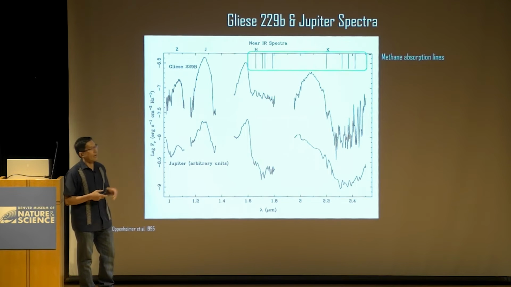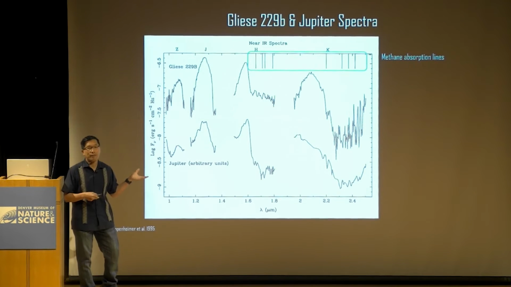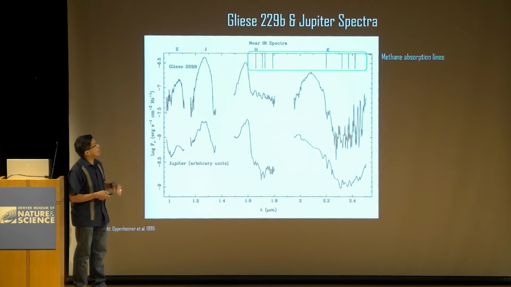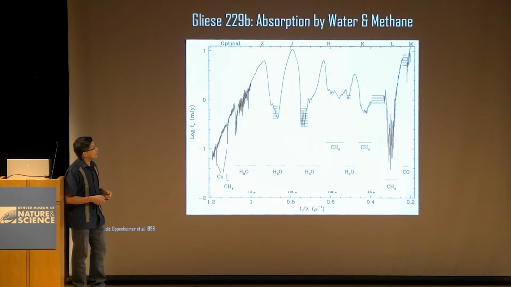So in order for you to see methane in the atmosphere, it has to be cool enough for methane to survive. So in this case, for Gliese 229b, they realized it was a cool object, perhaps not as cool as Jupiter, but definitely very cool.